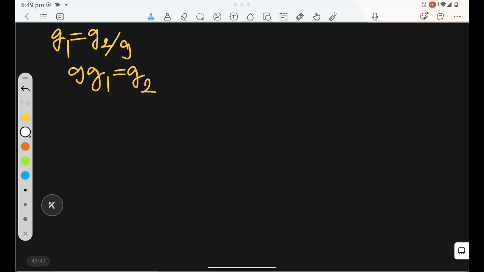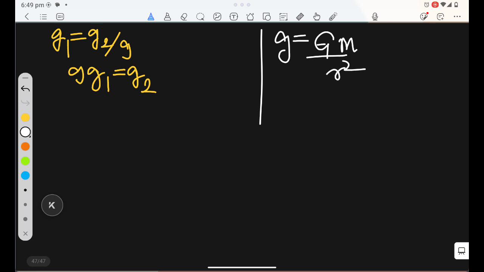Now let me calculate g1 and g2 separately. The formula for calculating acceleration due to gravity is g equals capital G m by r square, where m is the mass of the planet and r is the radius of the planet.